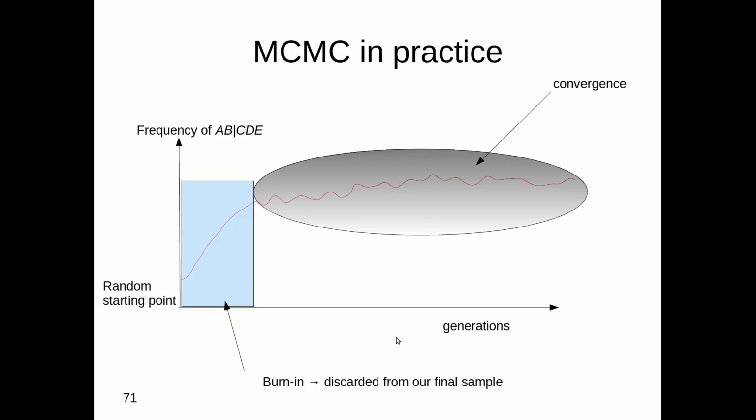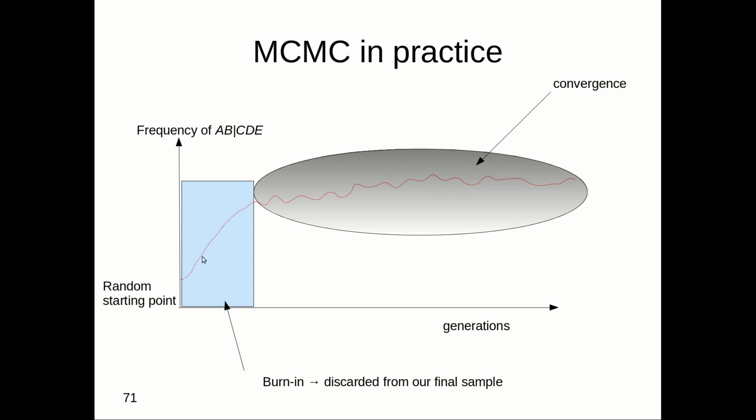And this takes us to the next problem. If, for instance, we consider the frequency of this bipartition we're interested in and plot it over the number of generations, the number of samples that our Markov chain has generated, here this is our random starting point.